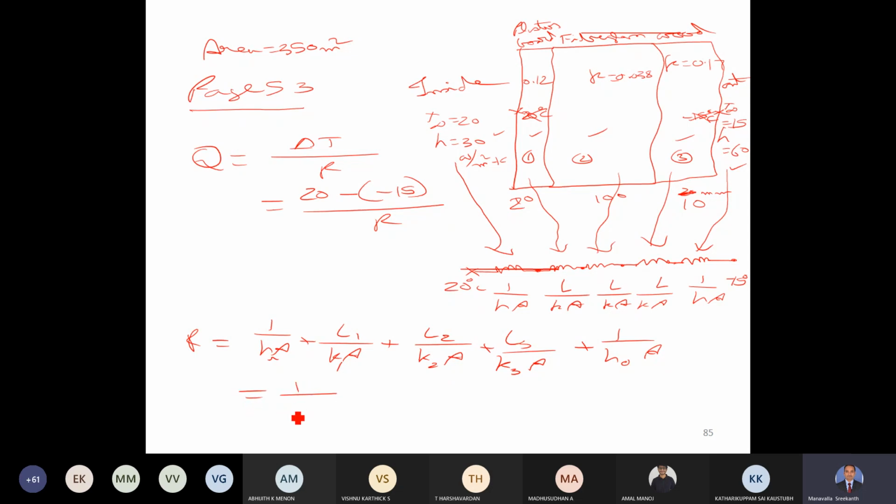1 by A, A is 350 given in the problem, multiplied by 1 by H_in, H_in is 30, plus L1 by K1.